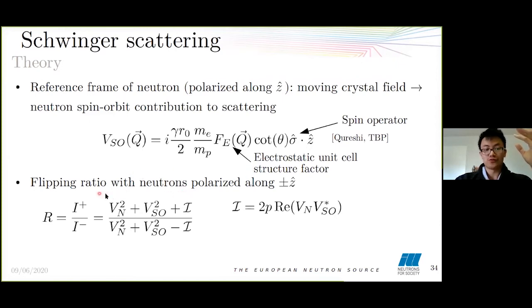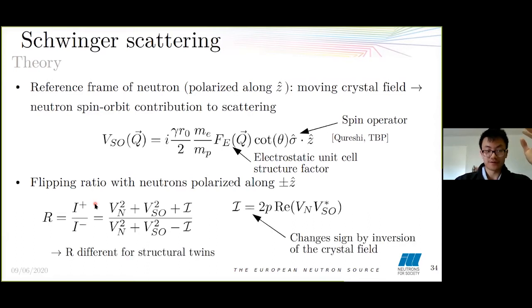So if you measure the flipping ratio, the intensity of neutrons polarized along the positive z-axis and the negative z-axis, you can find different flipping ratios for the different structural twins. For example, this interference term changes sign by inversion of the crystal field.